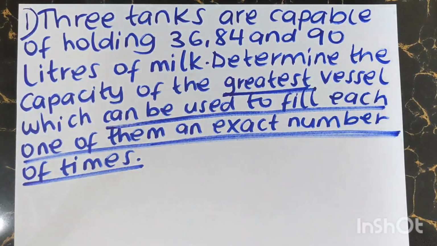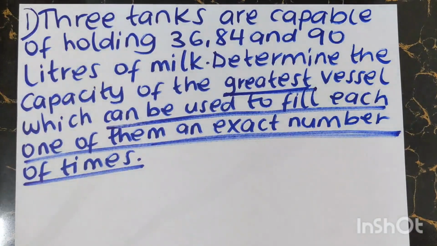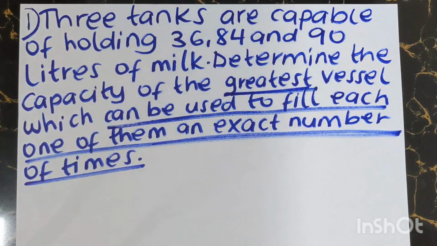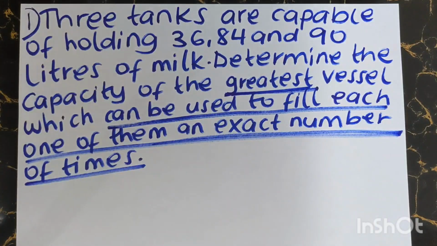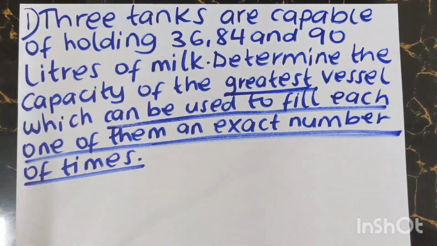So here you find the GCD of the 3 tanks. I showed you how to calculate GCD and LCM in our previous lessons, and I'll leave the link to a playlist on GCD and LCM so that we are all on the same page. Remember that GCD is a one number fits all kind of thing.